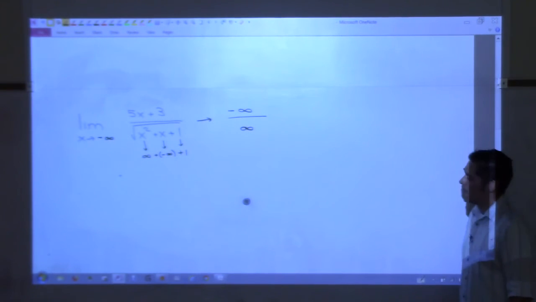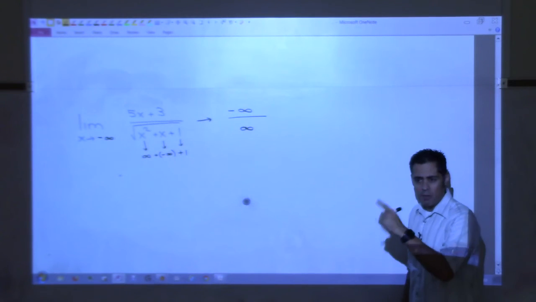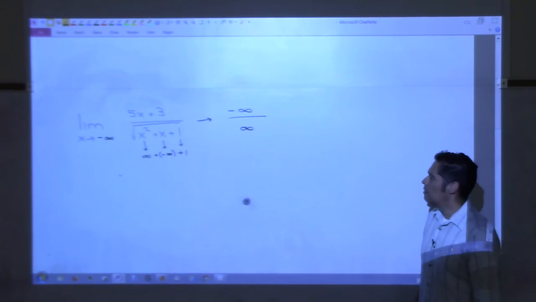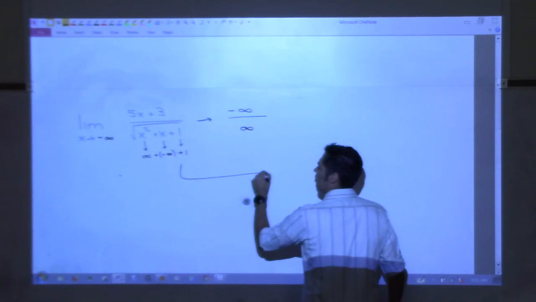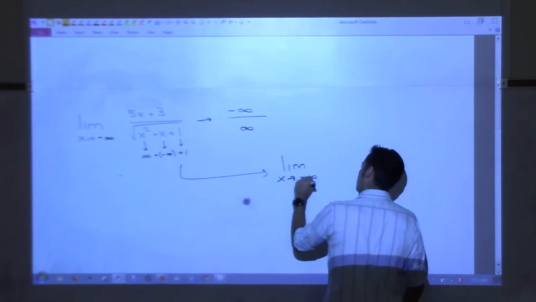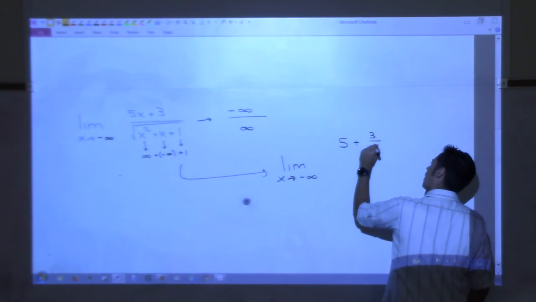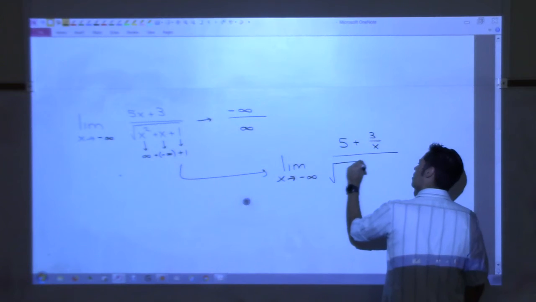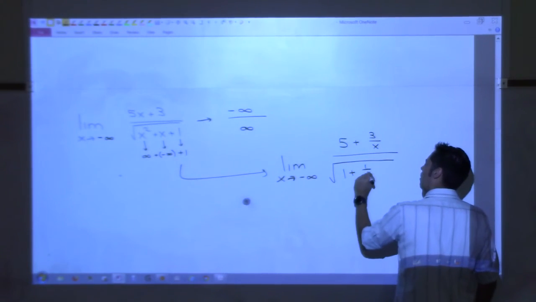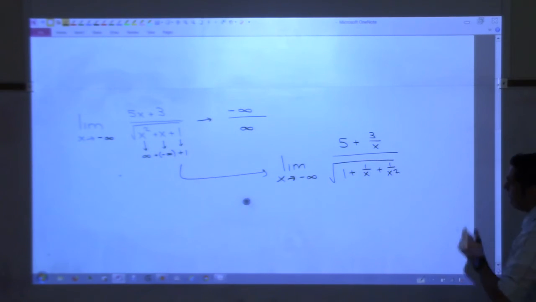All right, now what? Algebra? Same, it's going to be the same thing, 1 over x on the outside. So I'm going to skip through that step and let's just see where we would be. Limit as x goes to negative infinity of 5 plus 3 over x, over root of 1 plus 1 over x plus 1 over x squared, right?